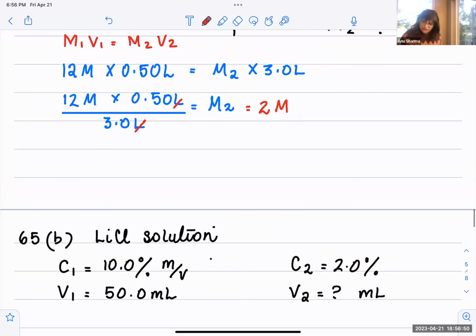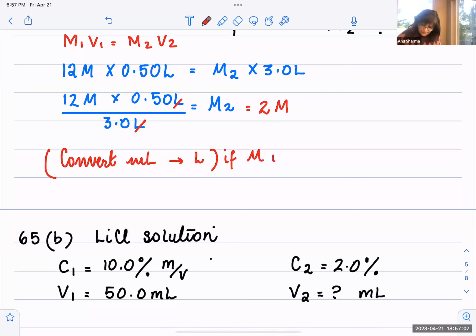Now here, pay attention to this. Always convert milliliters to liters when molarity is being used.